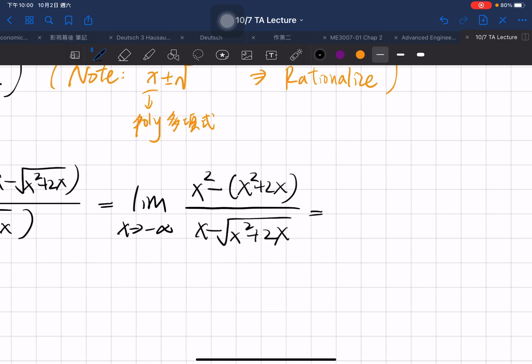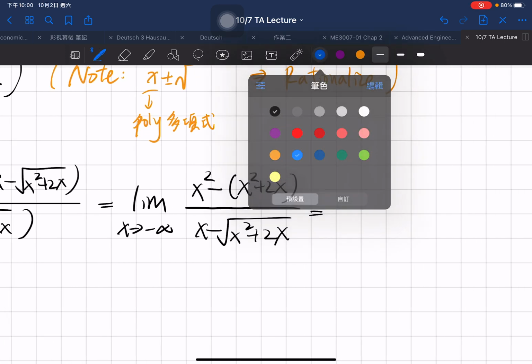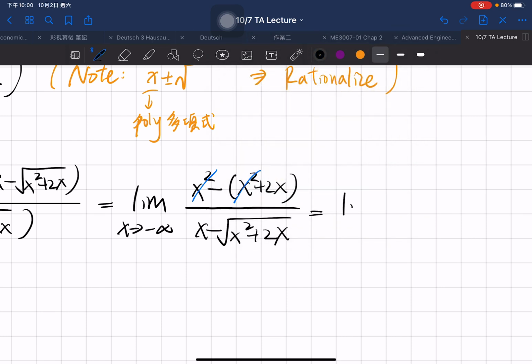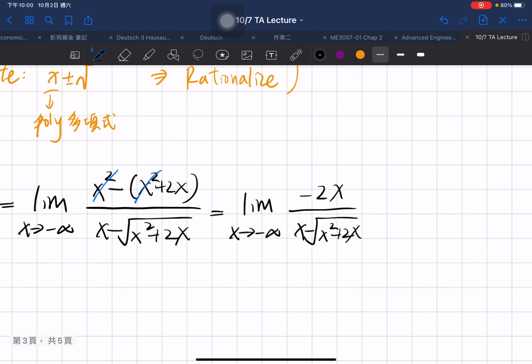So obviously you can combine these two terms, and you will get minus 2x on the top, over x minus the square root.